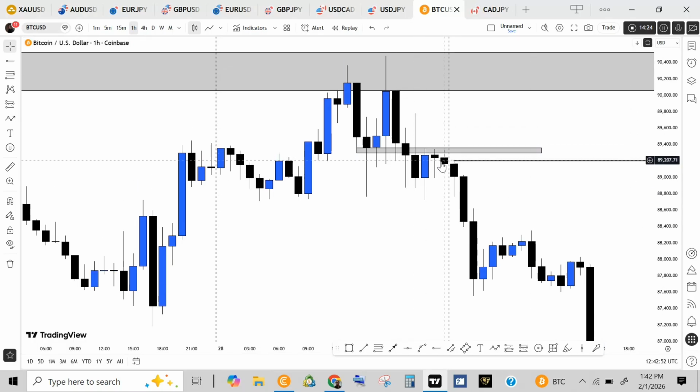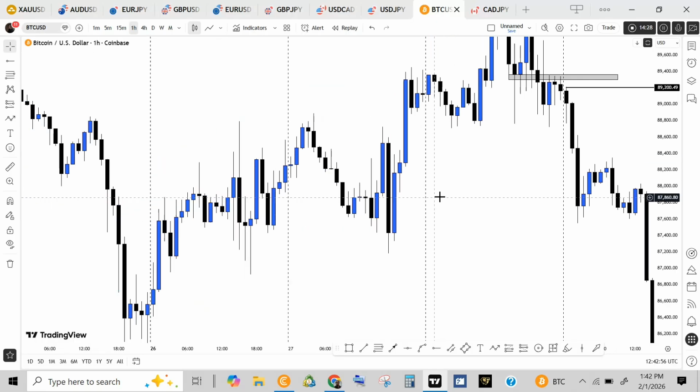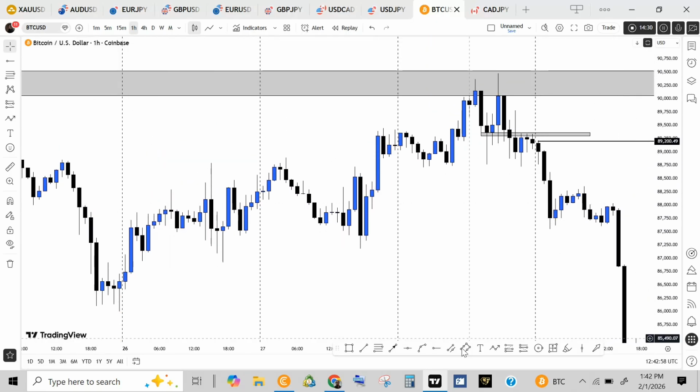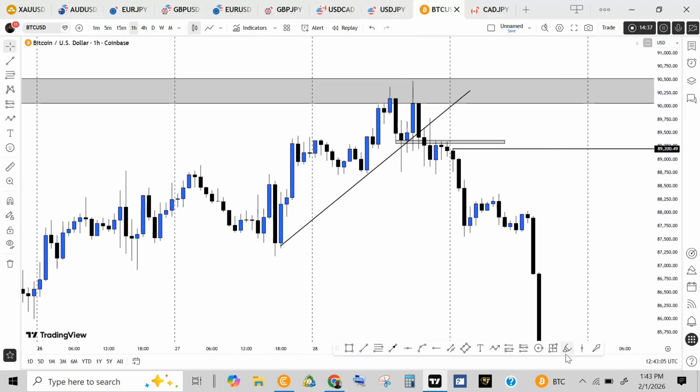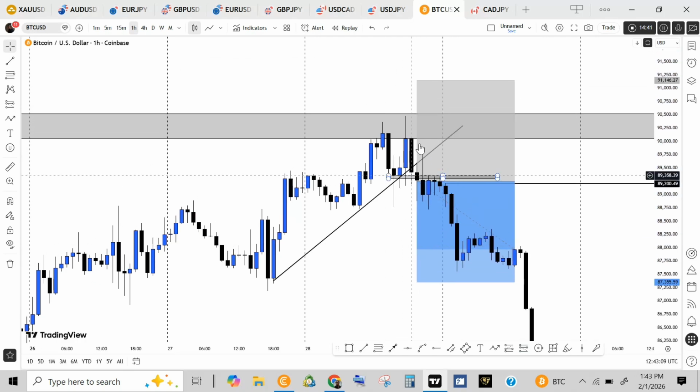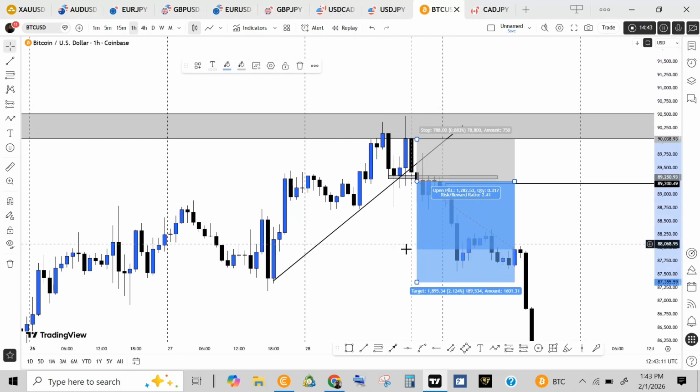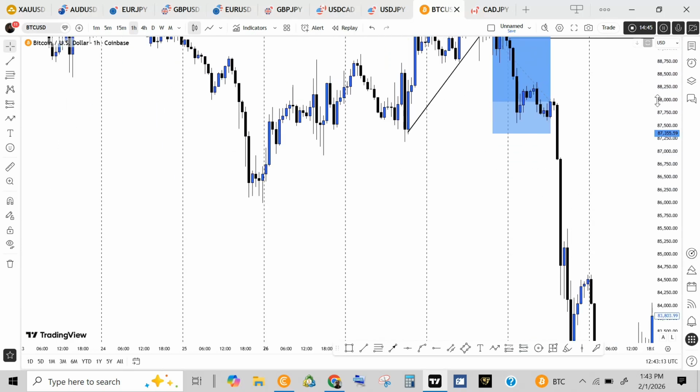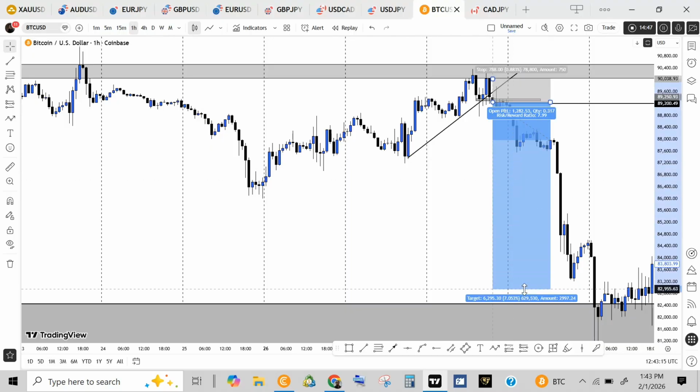Right about here, you can just enter somewhere around here. The first place to enter is here. You can enter here at the break of this point. You get this beautiful trade running right here, and this is it. You'll capture a lot of trade opportunities.